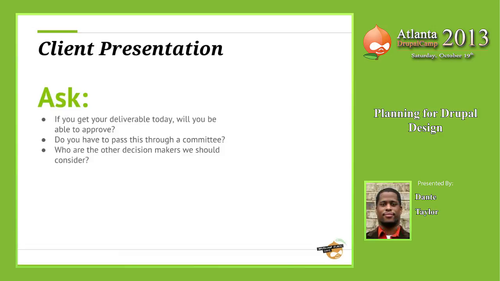And the way you can qualify that is to ask, if I deliver this feature today, will you have the ability to make a decision or approve it? And if they say, well, I have to run this through a committee, or they have any number of reasons why they can't make the decision, then you're not really truly dealing with the decision maker.